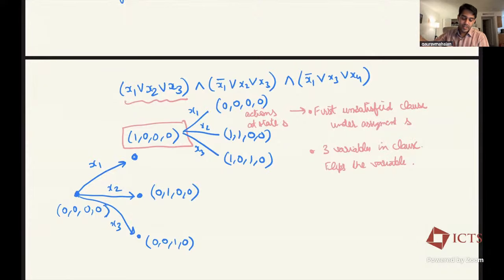You can keep doing this. If I chose something like this, then it will be like flipping X1 or X3 or X4. The not doesn't matter. So this defines our transition function and our actions.